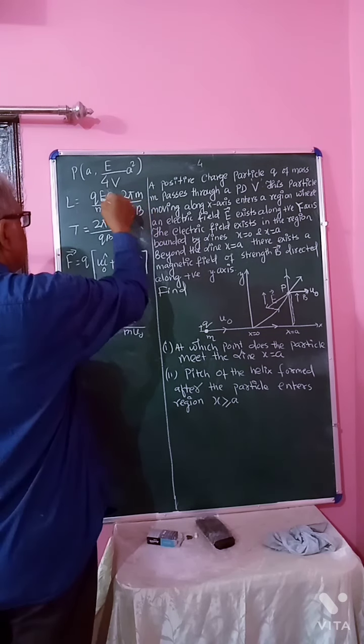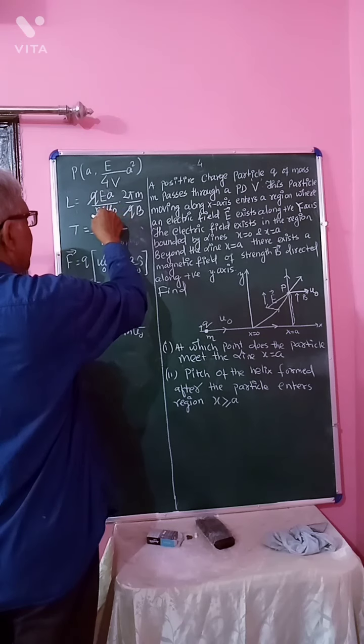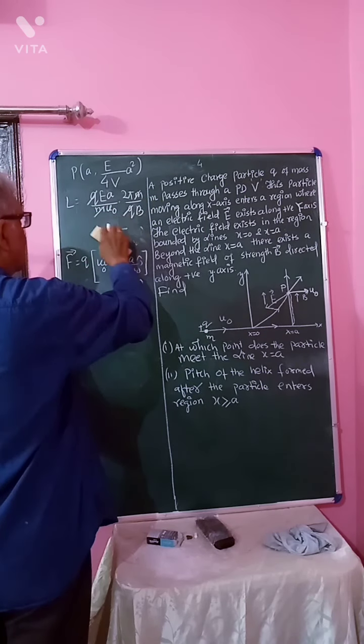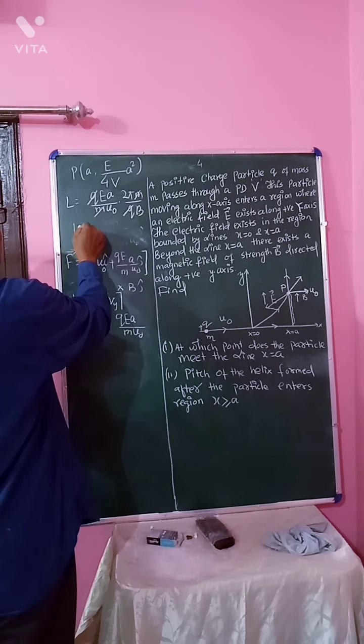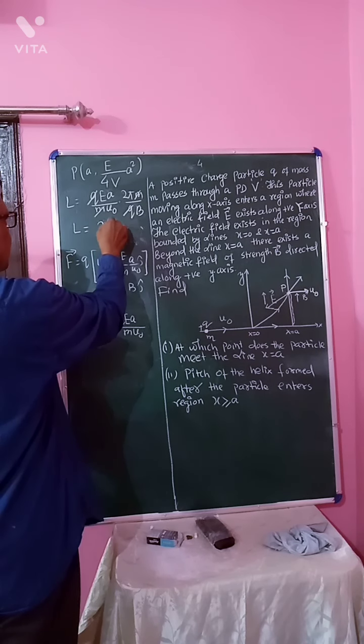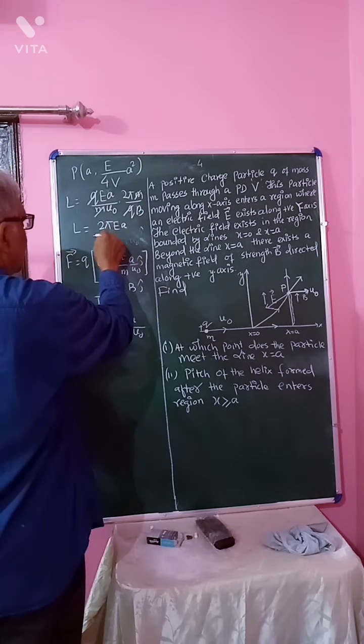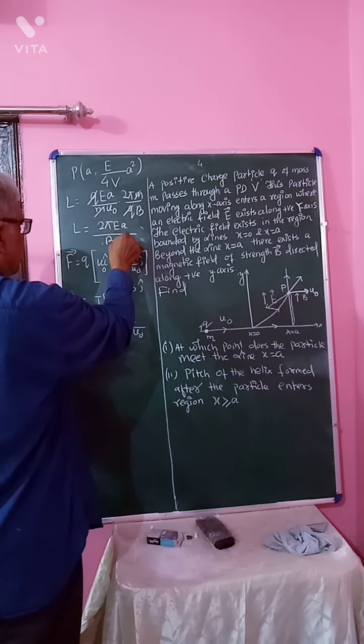So q gets cancelled, m gets cancelled, and pitch equal to 2 pi E a by B u0.